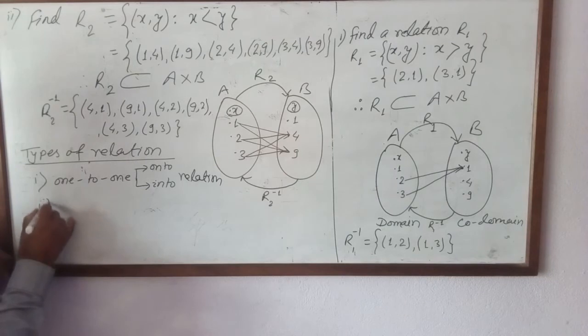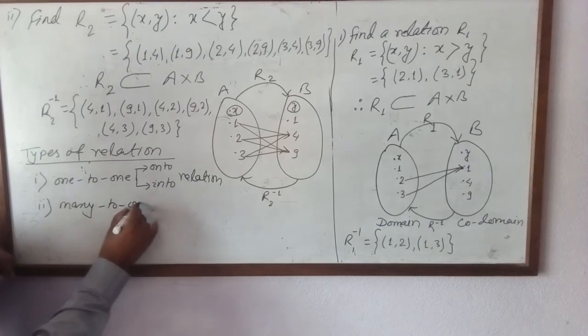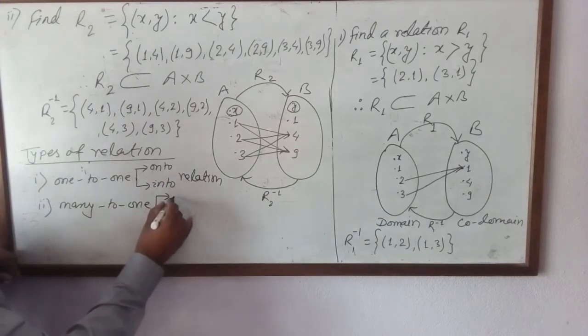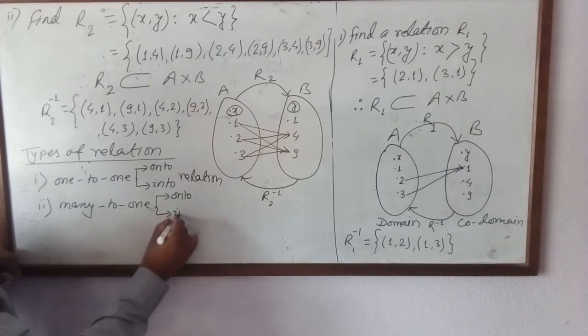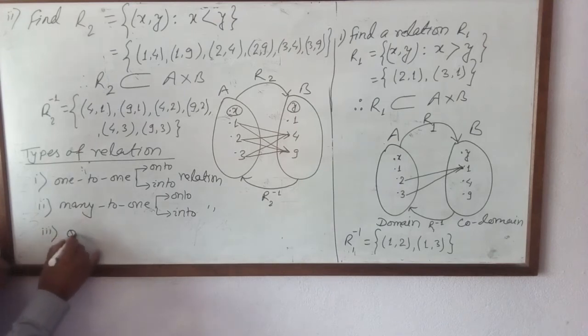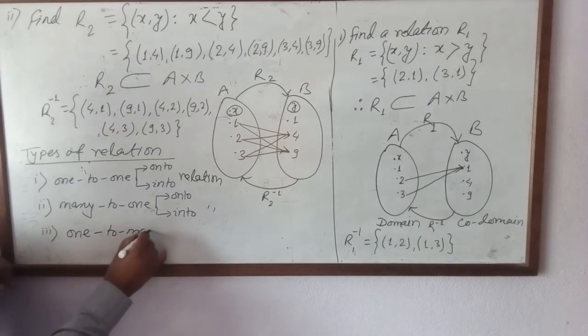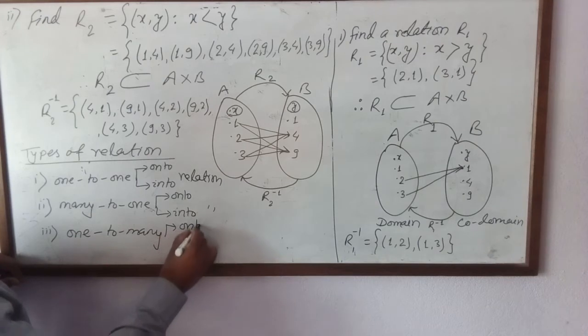And next one is many to one. There are also two types, onto and into relation. Third one, one to many. It is also of two types, onto and into relation.